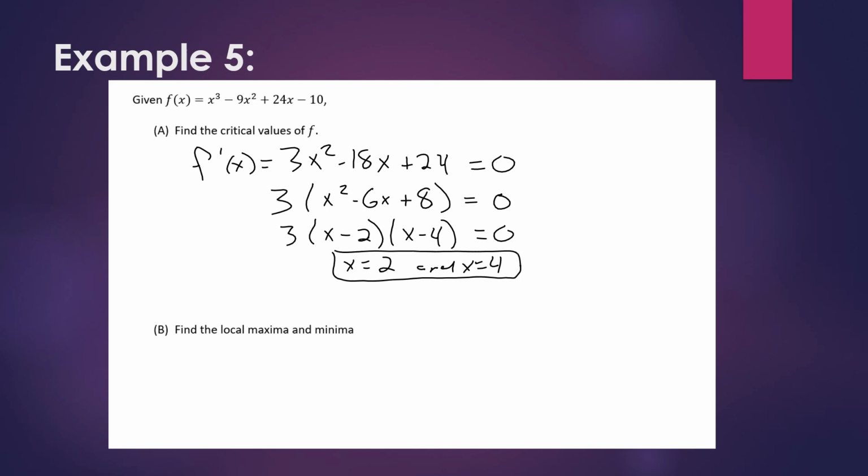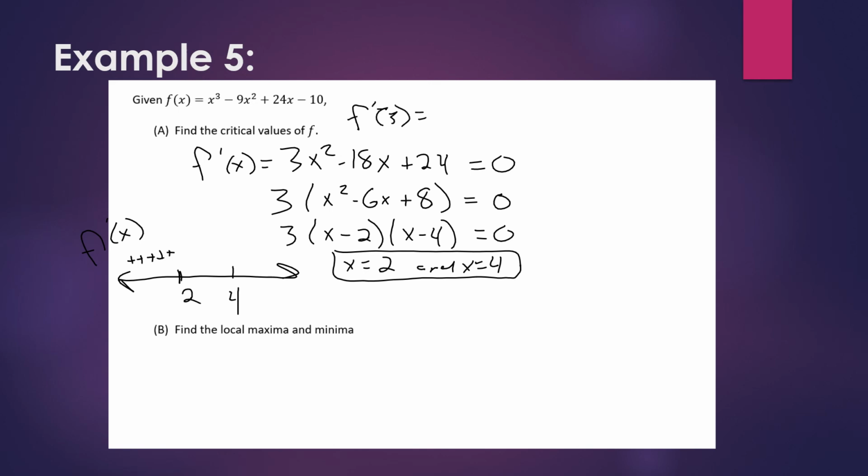So if I want to figure out if they're maxes or mins, I'm going to make a number line. And again, I'm working with the derivative still. 2 and 4. Let's plug in some values to see what happens. If I were to plug 0 into the derivative, I'm going to get 0 minus 0 plus 24, so that's positive. Between 2 and 4, if I plug in 3, that's going to be something I need to calculate. So let's see, f prime of 3.